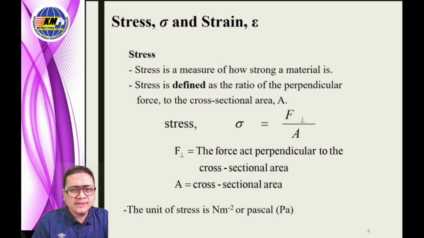The equation is sigma is equal to F over A. F is the force that acts perpendicular to the cross-sectional area, which means the force applied must be straight away perpendicular to the area, and A is the cross-sectional area. The unit of stress is Newton per meter square, or also can be noted as a Pascal.